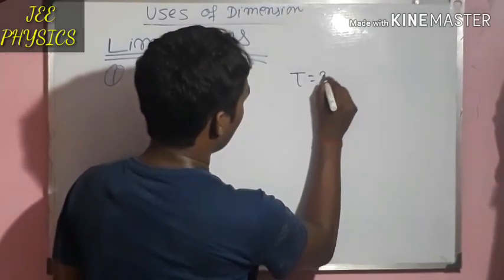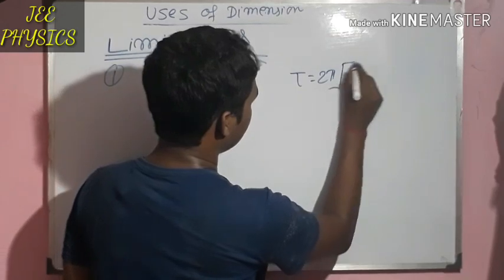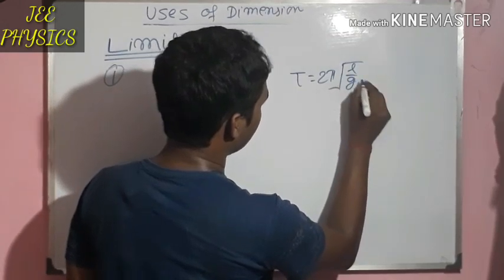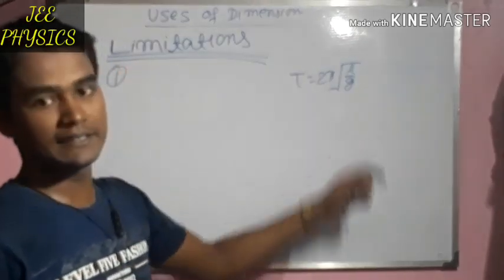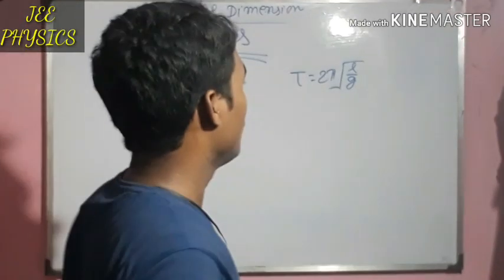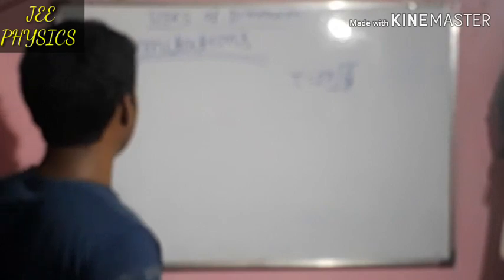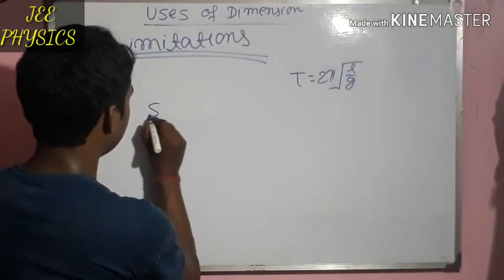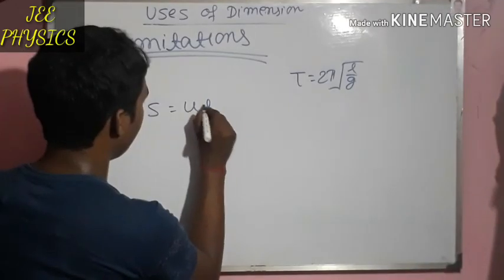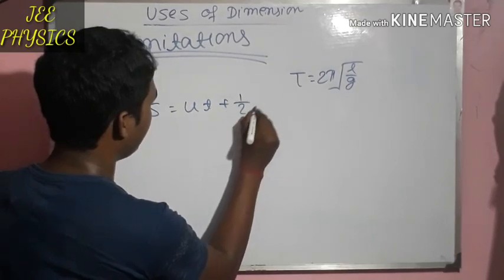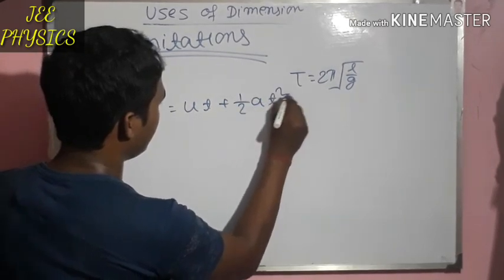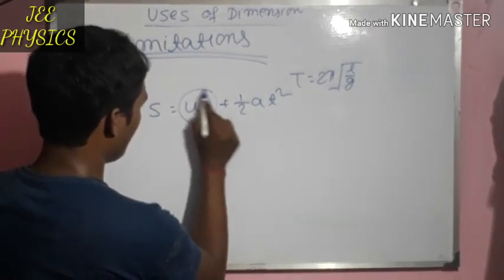T is equal to 2 pi root over L by g. It is multiplication and division form. No addition or subtraction there. But if there is addition or subtraction, such as s equal to ut plus half at square, it is addition of two terms.